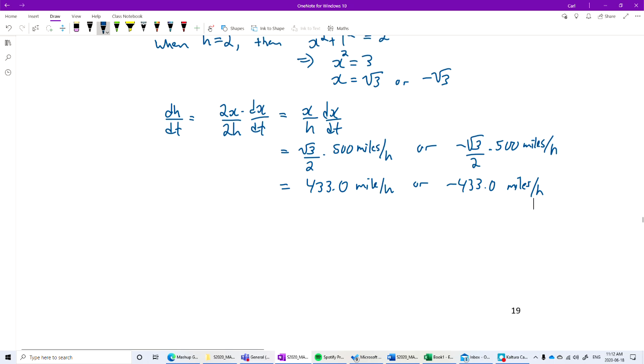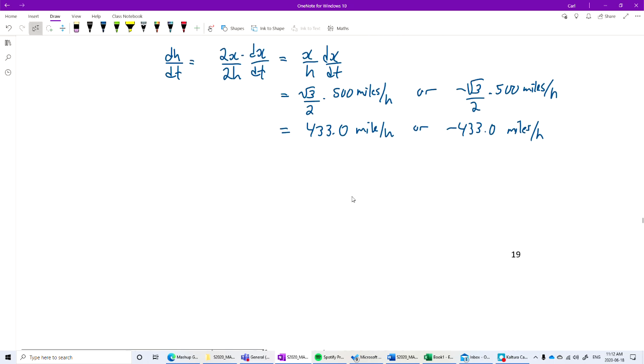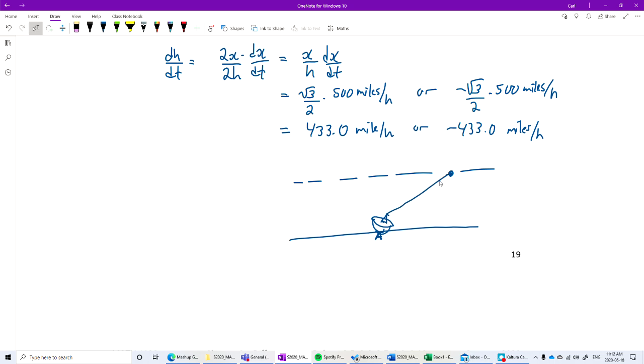So let's draw a little picture. This is an optional picture, but what's happening here is I have the radar station, and at this moment, here's the airplane. At that moment, it's increasing at the positive value, but if it's over here, because the plane's moving this way, this is also h equals 2.